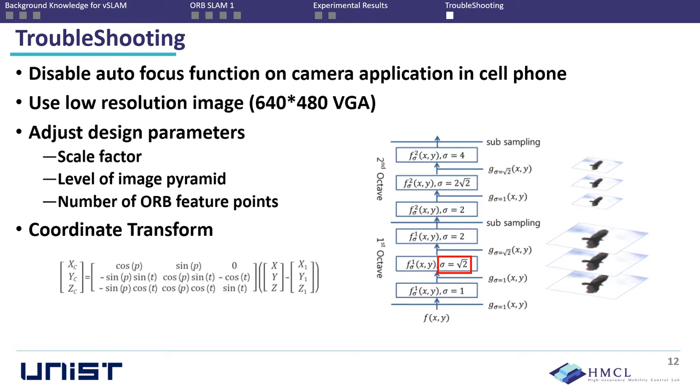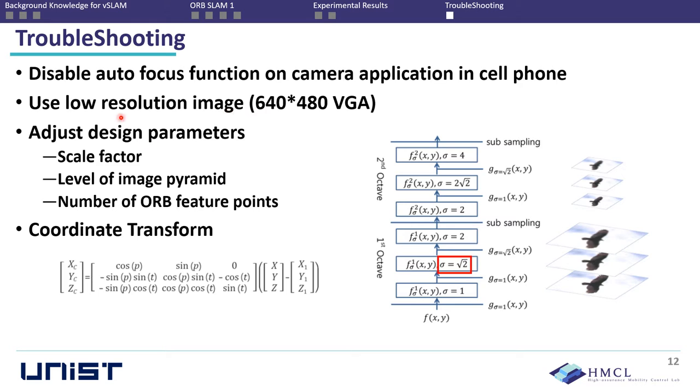For conclusion, I have summarized the trials and errors experienced during the actual implementation. First, disabling the autofocus function on the camera application was necessary because the focal length of the camera model should be the same all the time.